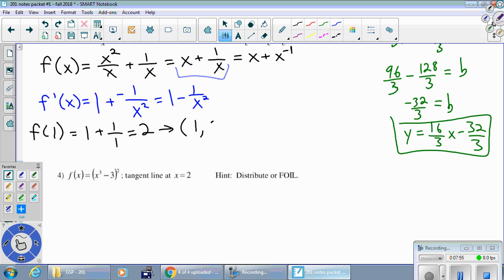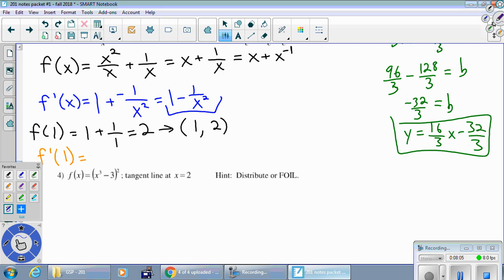So when x is 1, y is 2. And now we'll do our derivative here, evaluated at the same x equals 1. And so the derivative version I'm looking at is this one right here. So it's 1 minus 1/x squared, 1 minus 1/1 squared. And 1 minus 1 is 0. Hey, how about that?